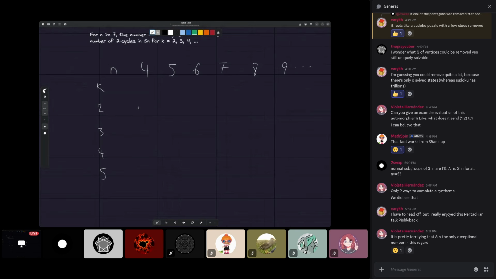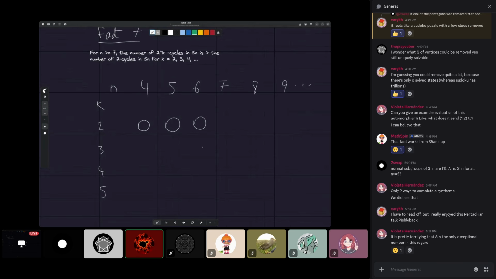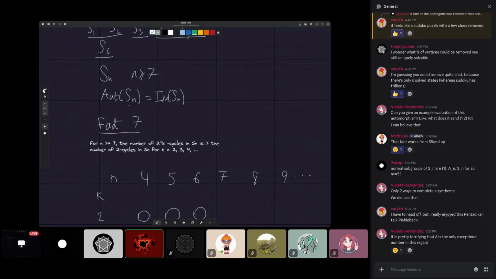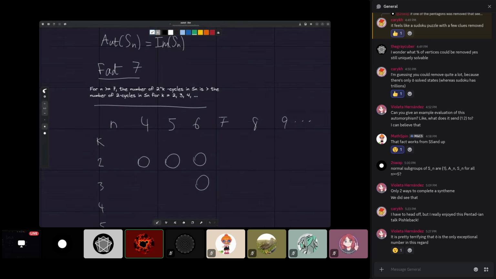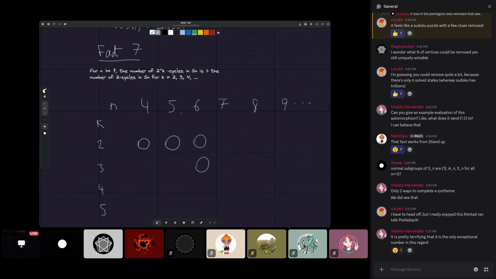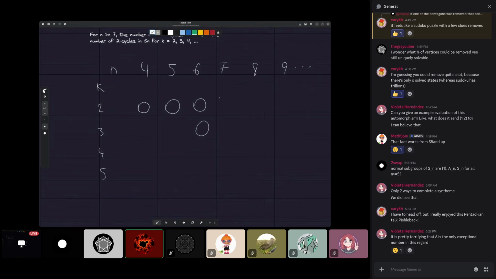So these circles represent the fact that this fact 7 is true. If it's true for n and k, if the number of 2 to the k cycles is bigger than the number of 2 cycles in Sn, we're going to tick the circle. It'll be clear what's going on in a second.